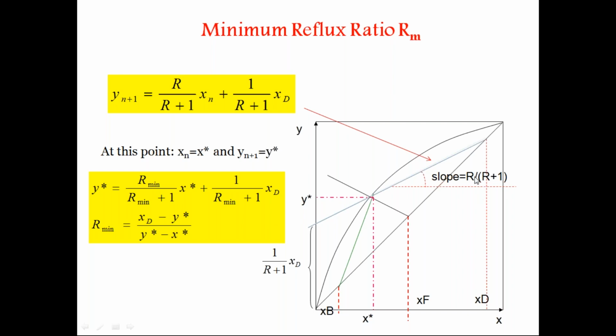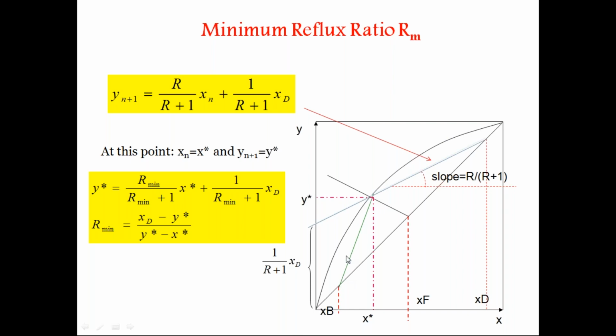So R does depend on the product quality, and also on xF, and then the type of the feed, and then the composition of the feed or the system, because the equilibrium diagram is a result of alpha, which is a system property.